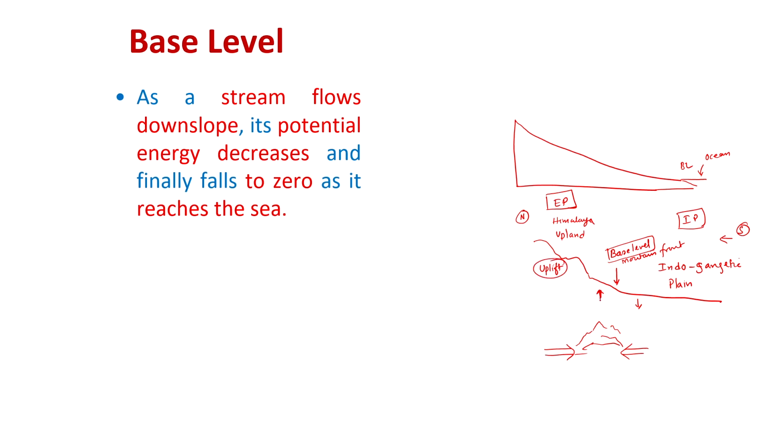Now if this is uplifted, then there will be a change in the base level, and that change in the base level will result in erosion. So suppose the gradient is like this, this is your plain area, this is the mountainous area, and if this climbs up a little bit, you will have a change in the base level, and this change will result in erosion.